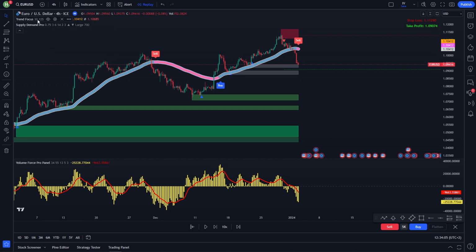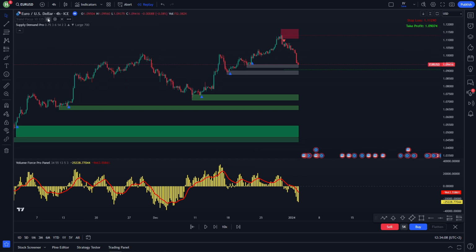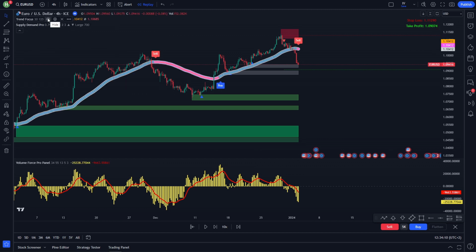Our first indicator is the Trend Focus indicator, which assists in identifying and capitalizing on prevailing market trends, ensuring we align ourselves with the right side of the market. Then we have the Supply Demand Pro, which identifies key support and resistance zones. Then lastly, our Volume Force Pro panel equips us with the tool to spot volume breakouts, ensuring we have enough momentum for the trade to play out.